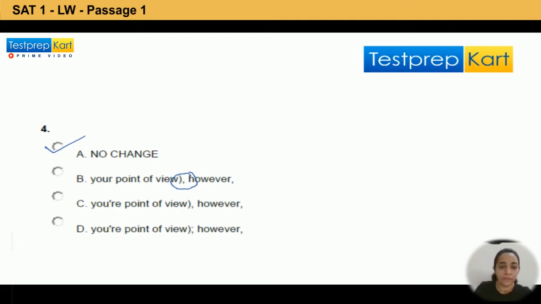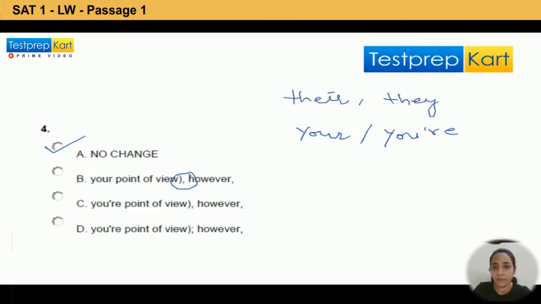So that is not working. If we look at the options, what kind of errors we have? Your versus you are. We have just done a similar question where we had their versus they are. So we just saw that they're is just a compact form of they are.